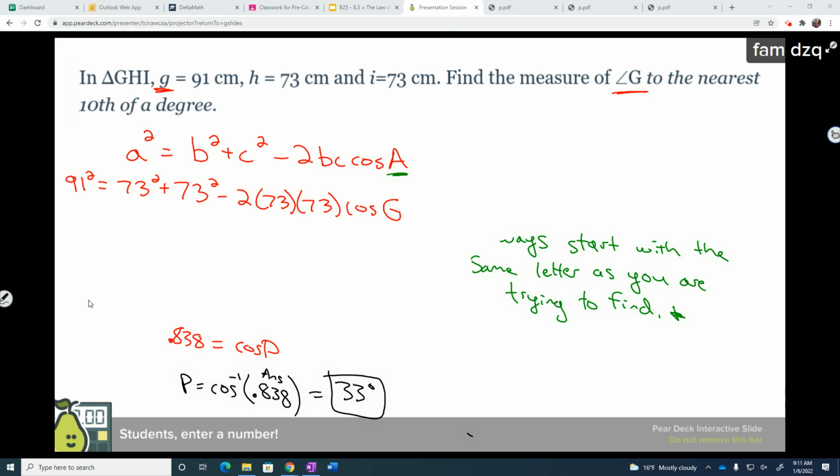So the first step I'm going to do is 91 squared minus these two. I'm just going to type in 91 squared minus 73 squared minus 73 squared. I'm going to type them like that. I get negative 2377.